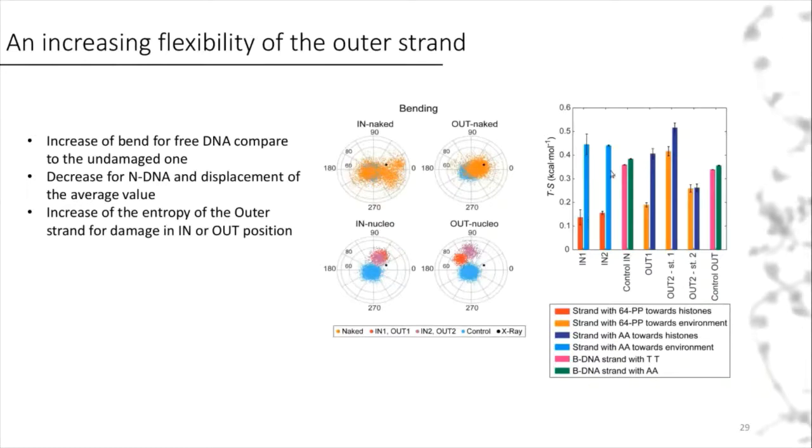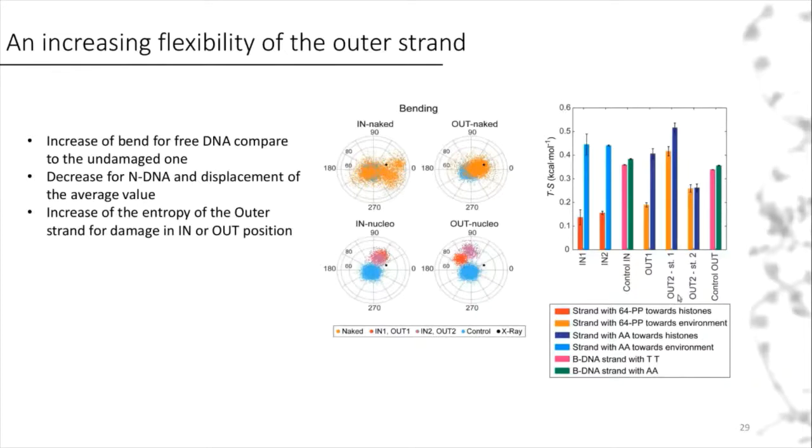But for the outer strand, the one which is close to the solvent, it's more flexible around the damage than in free DNA in these different cases. So it suggests that you have a higher flexibility close to the damage, and this can be recognized by the repair protein once again.